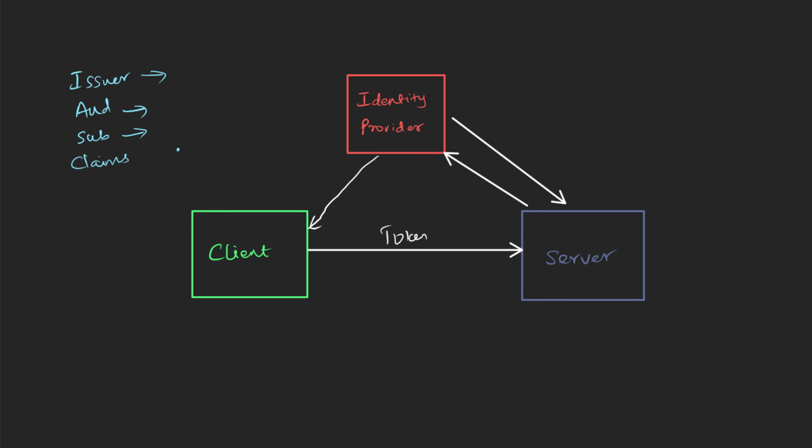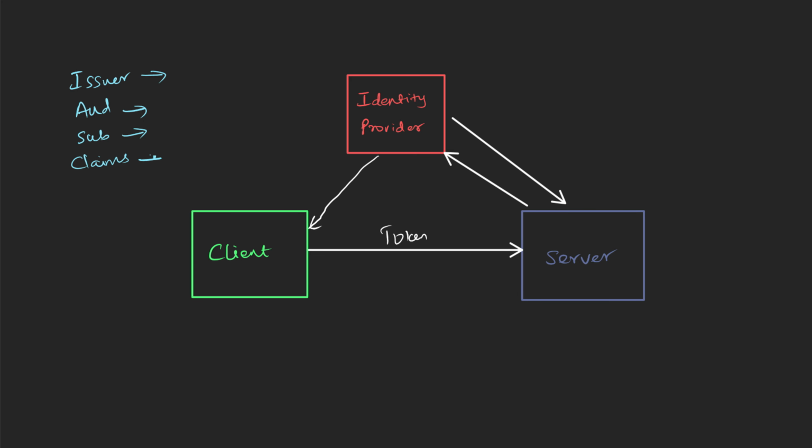And subject is who this token basically represents. In our case, our client. The client is the entity that this particular token that we are getting from our identity provider represents, right? Because the client submits their username and password to get this token. Now the subject of this token is this client.